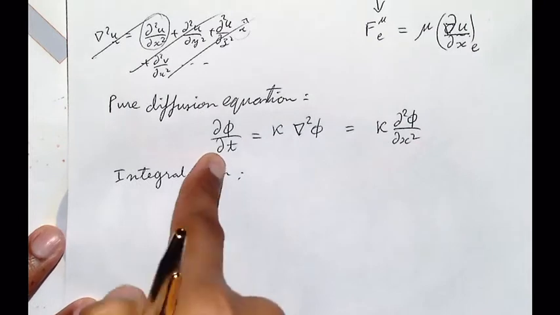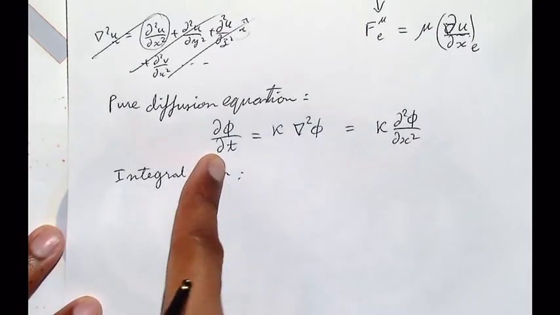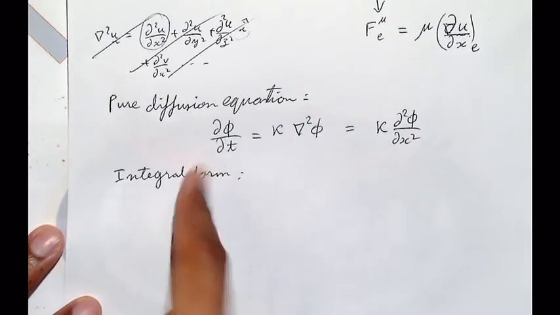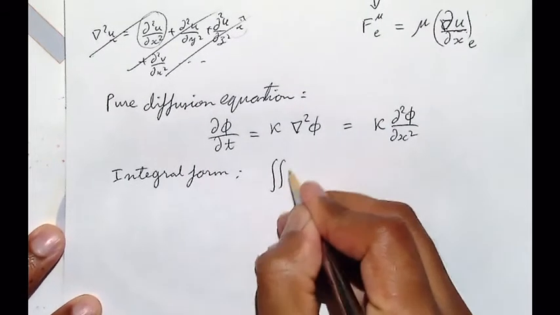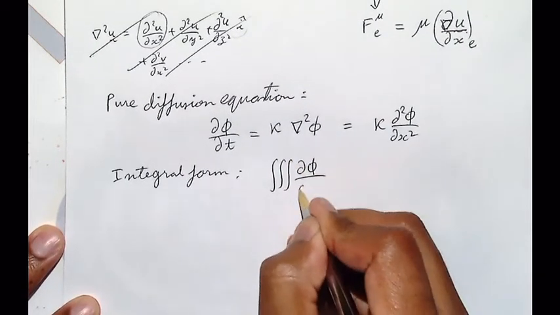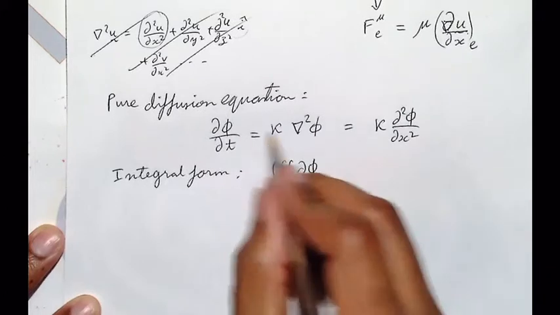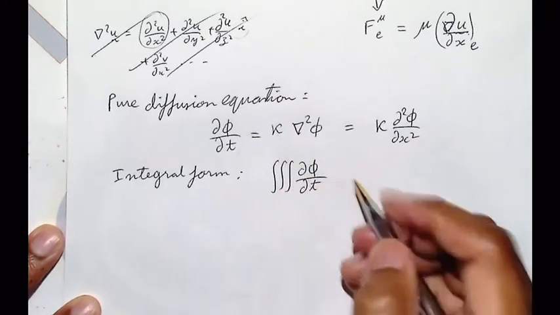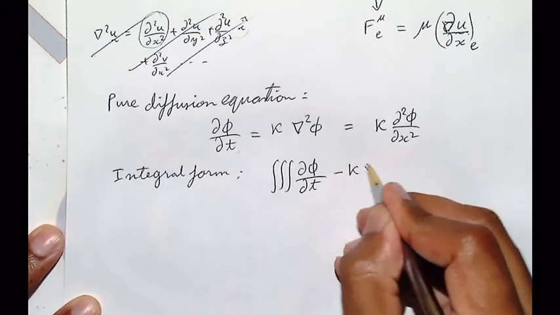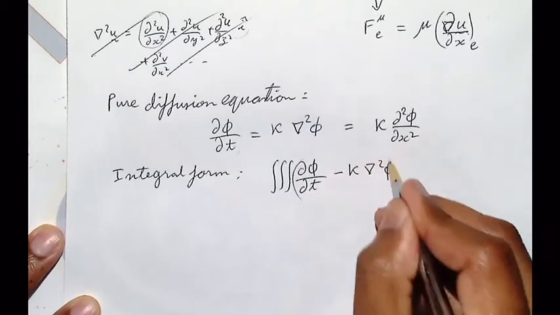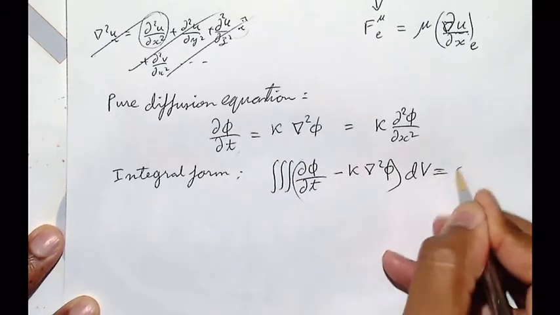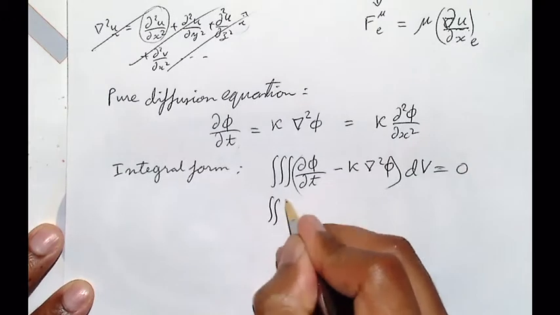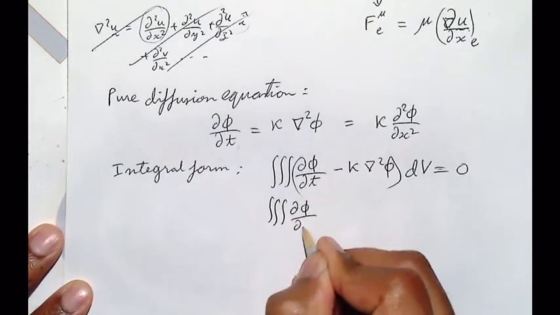The time derivative, volume integral or surface integral? Volume. Alright, so let's do a volume integral of del phi by del t. So right now the form is this minus kappa Laplacian phi dV equals 0. Perfect. So let's keep the volume integral on the first term.